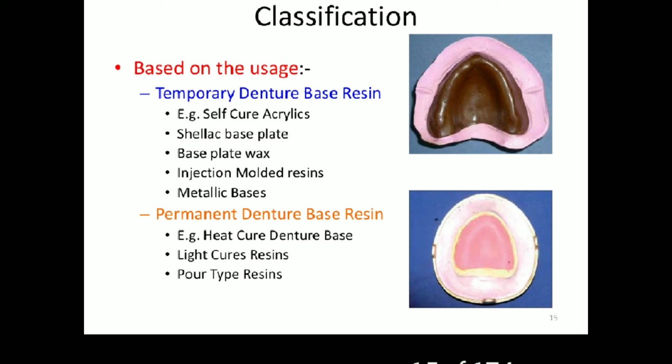They are classified into temporary denture base resins and permanent denture base resins. Examples of temporary denture base resins include self cure acrylics, base plate waxes, shellac base plate, etc. Examples of permanent denture base resins include heat cured resins, light cured resins, pour type resins and metallic. Metallic is not temporary.